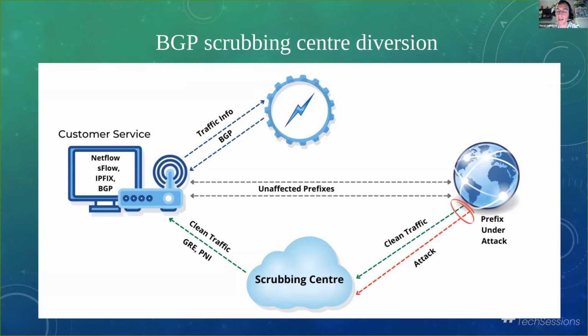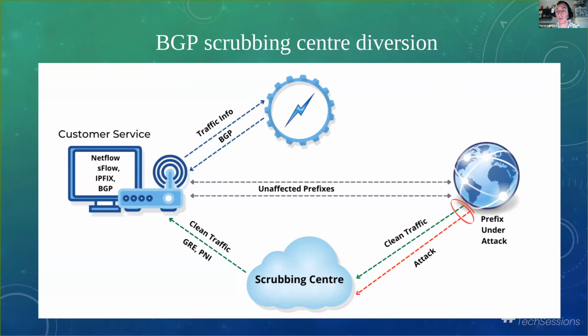They will receive every single bit of the attack and your real traffic, process hundreds of gigabits of malicious and real traffic, and then deliver the traffic using private network interconnection called PNI, private peering, or a GRE tunnel to your routers.